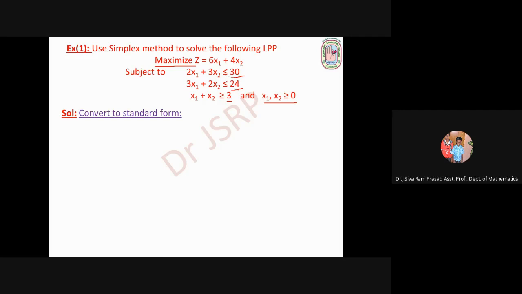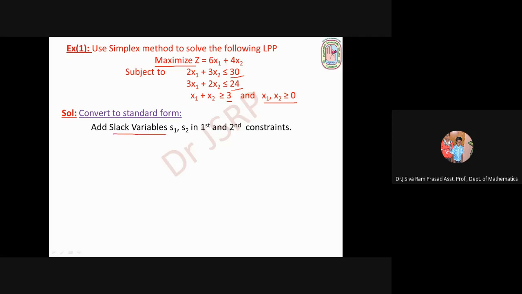Now convert the inequalities to equalities. The first two constraints are less than or equal type, and the third one is greater than or equal type. How do you convert less than or equal type to equality? By adding a slack variable.